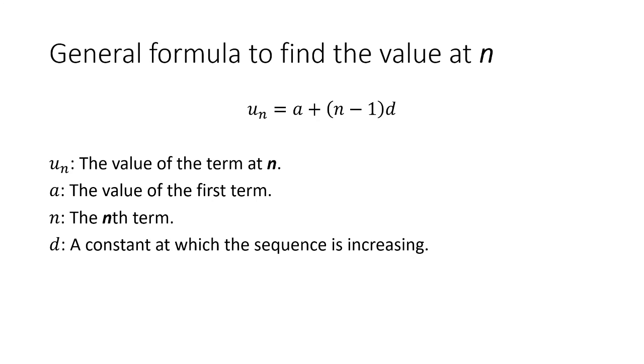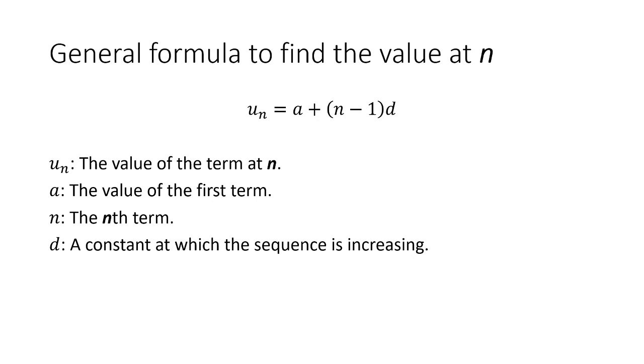So if you think about the nth term, the first term, second term, third term, fourth, etc., you want to find the value, which is un at n. So at n equals 7, you want to find the value of this arithmetic sequence.